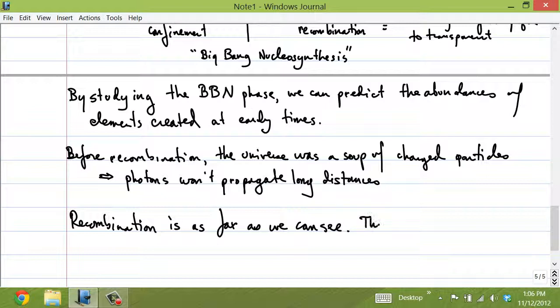And so if you see far enough back in time, eventually you'll hit a surface beyond which you can't see. And this is known as the cosmic microwave background surface. Or the CMB surface. Sorry, I can't spell surface correctly.